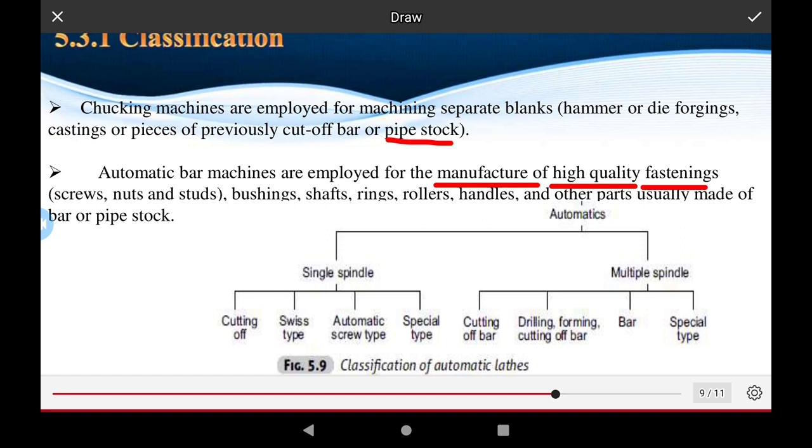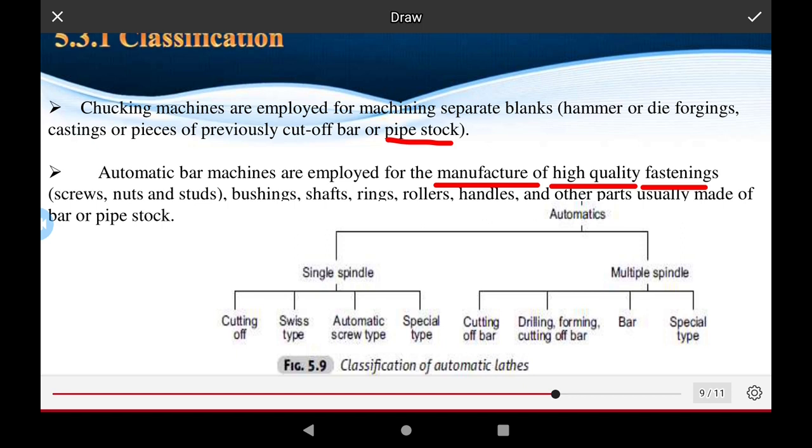And these machines also perform work on bushings, shafts, rings, rollers, handles and other parts made from bar or pig stock.